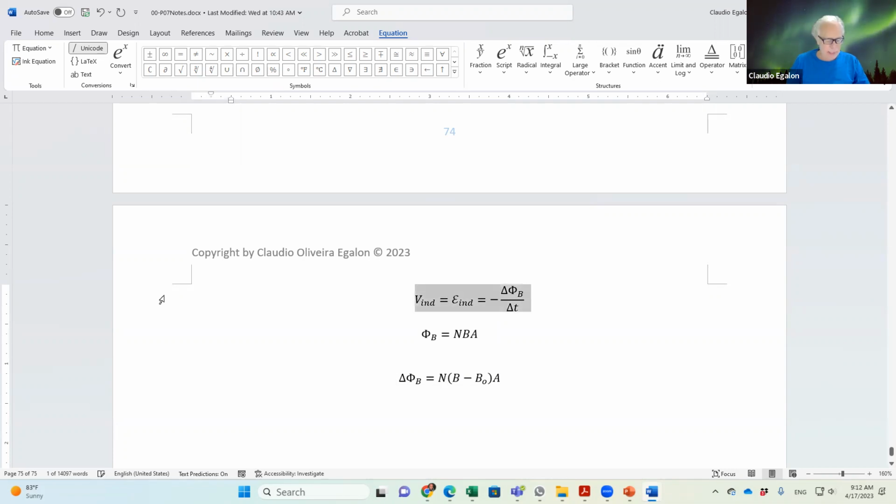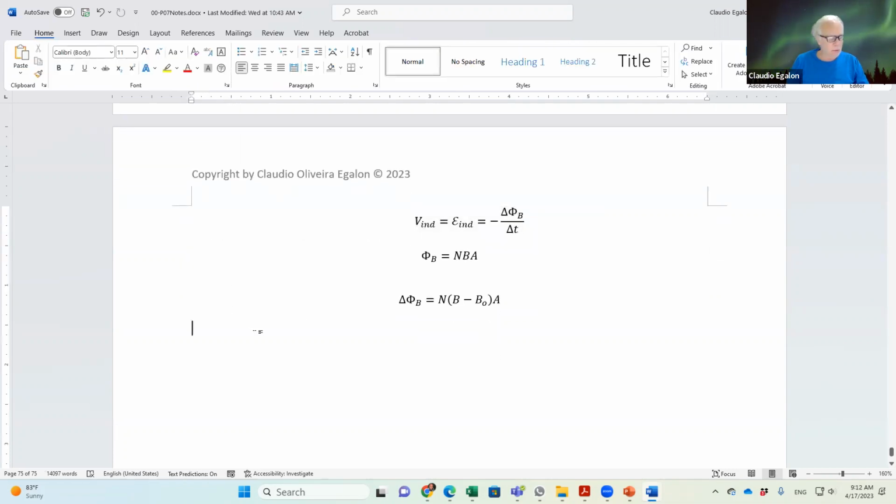Consequently, my induced electromotive force becomes something like that. Cosine of the angle between the area vector and the magnetic field is going to be 0. Consequently, I don't need to write down cosine of phi there.